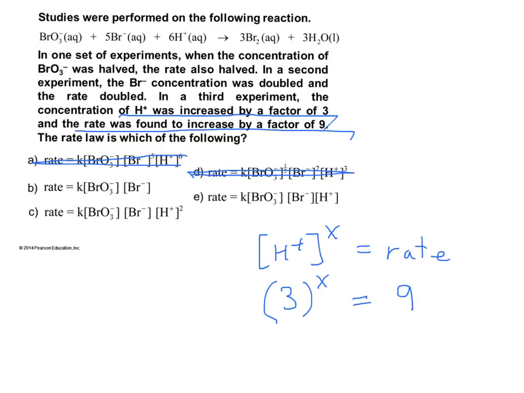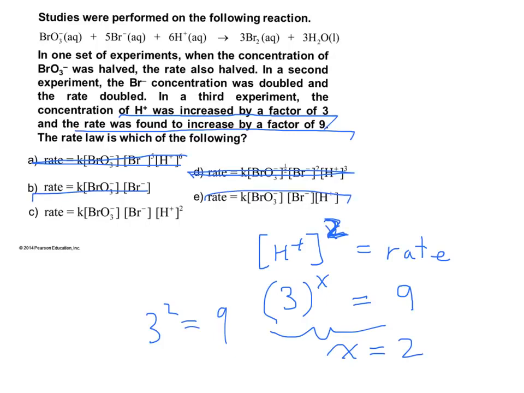What value of x would make this a true statement? That would be a true statement when x is equal to 2, right? Because 3 squared equals 9. So that means that my hydrogen ion is second order. So anything that doesn't have hydrogen second order I can cross out.